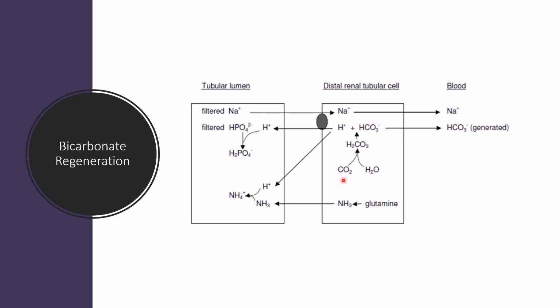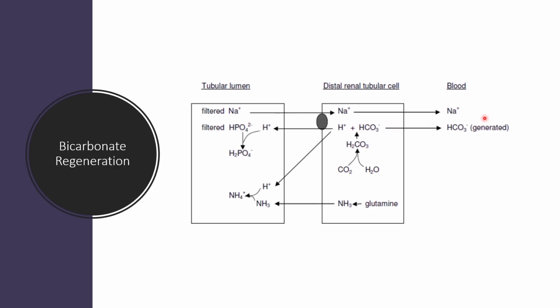So the carbon dioxide that is generated from the tubular respiration combines with water from the tubular cell to form carbonic acid, which breaks down into a hydrogen ion and a bicarbonate to generate this newly minted bicarbonate and supply to the body.